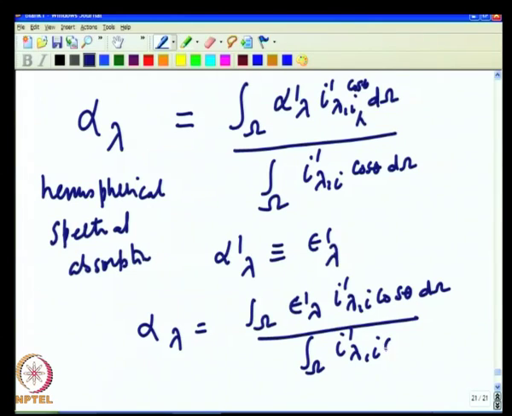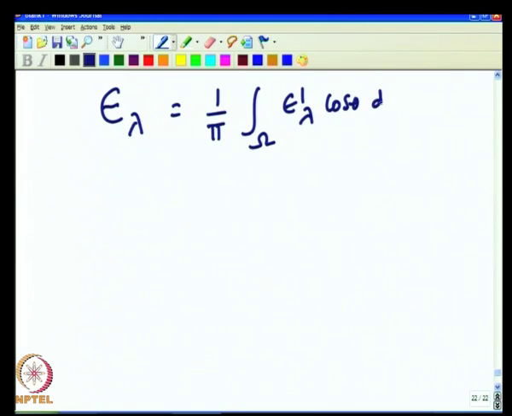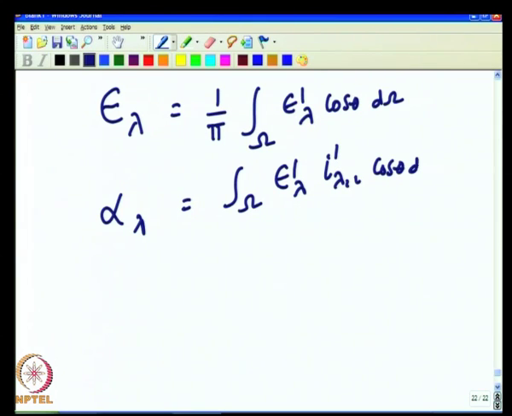Now let us compare the two expressions for emissivity and absorptivity. We saw epsilon lambda is 1 over pi integral over omega of epsilon prime lambda cos theta d omega, while alpha lambda is somewhat different.